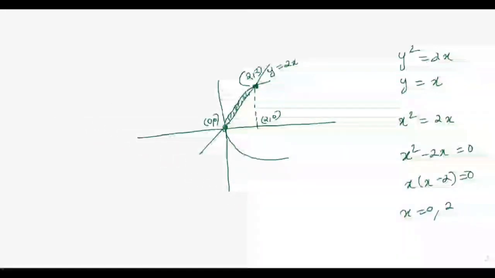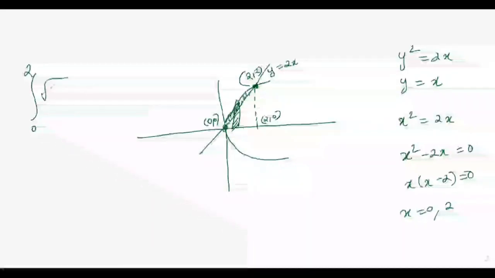So let's try. So area under this curve. So what is the curve? Curve is this one, isn't it? So that is a strip from 0 to 2. So integral 0 to 2, and the curve is y is equal to root 2x, isn't it?